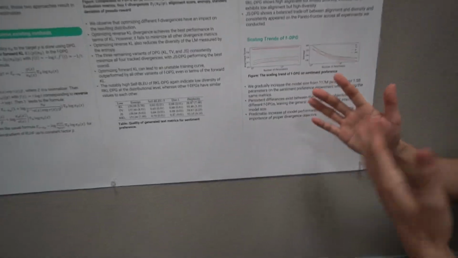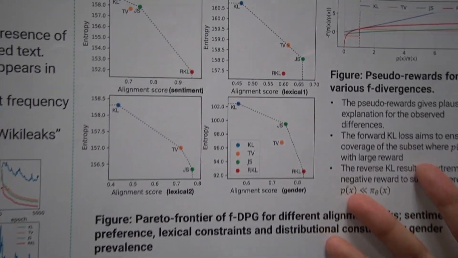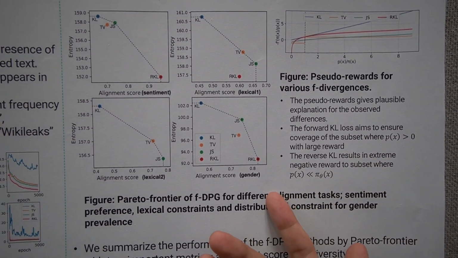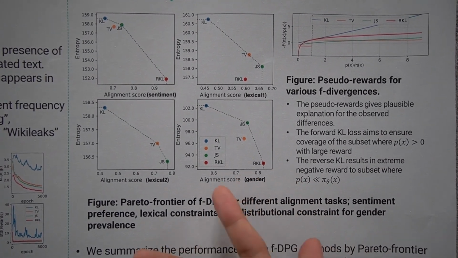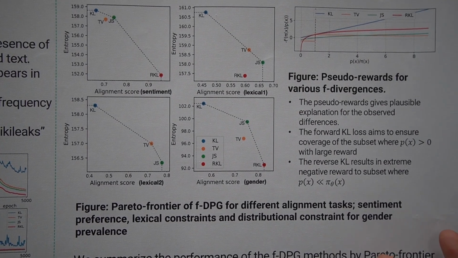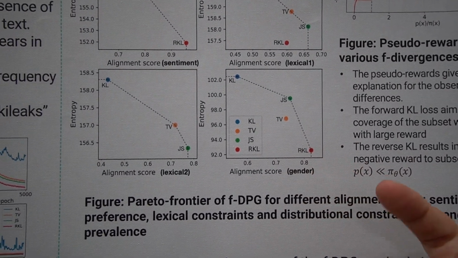As a final remark, we can summarize it in a Pareto frontier of the experiments. Here I summarize the alignment score and entropy score of a lot of different experiments. You can focus on the reverse KL, the red dots.